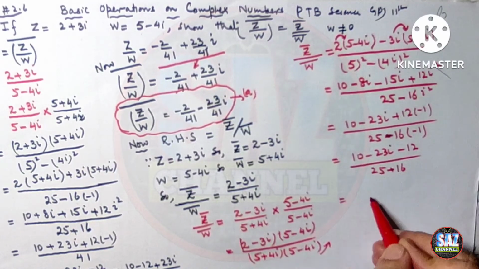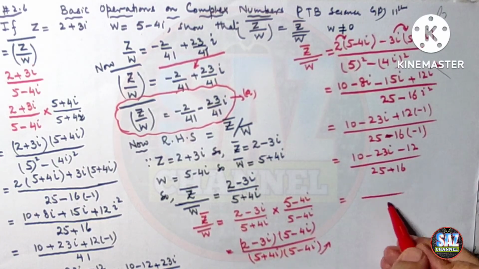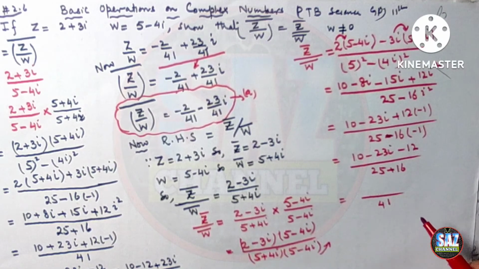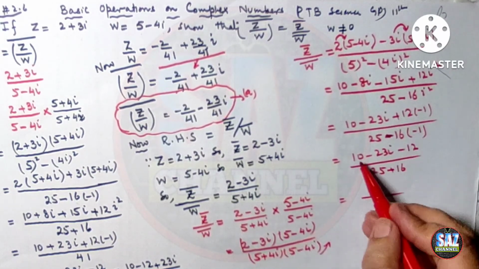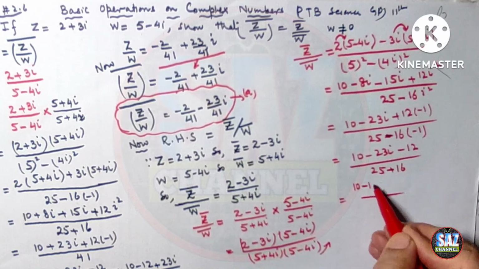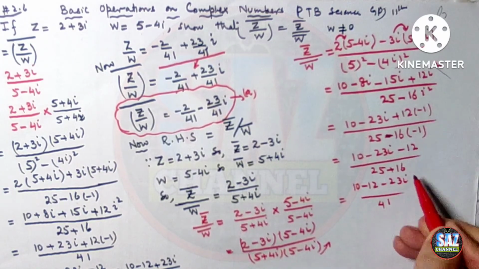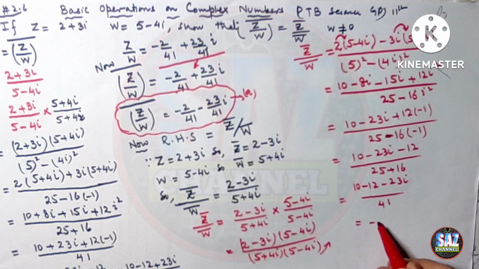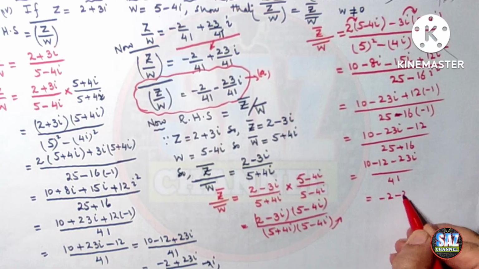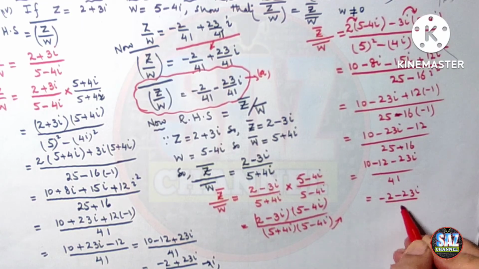Okay, let us first solve the denominator. 16 and 25, 41. Okay, we have solved the denominator first. And then 10 minus 12 minus 23 iota, and this will become minus 2 minus 23 iota by 41.